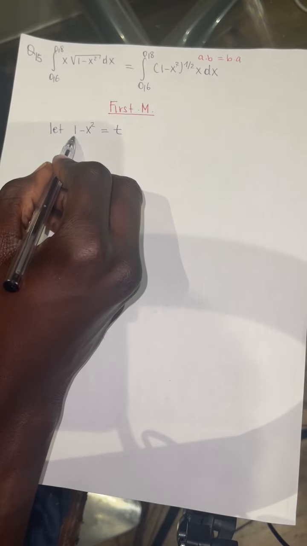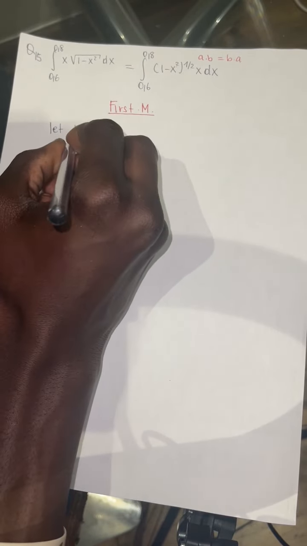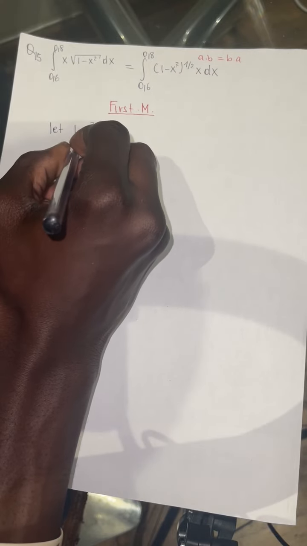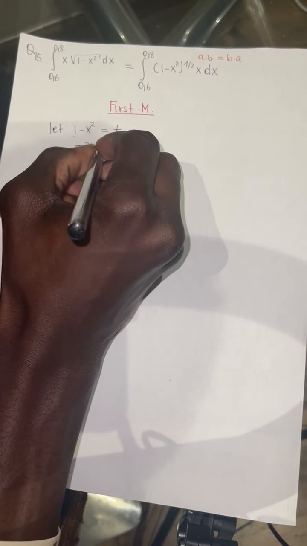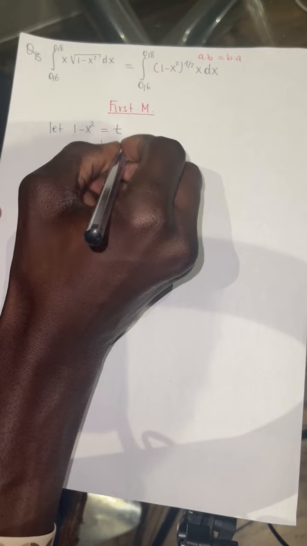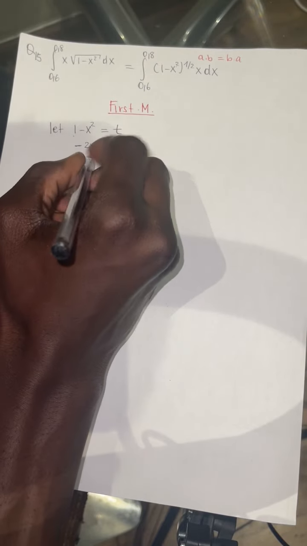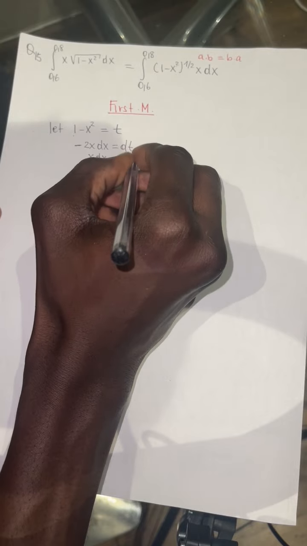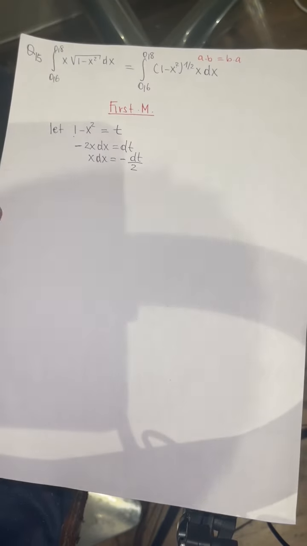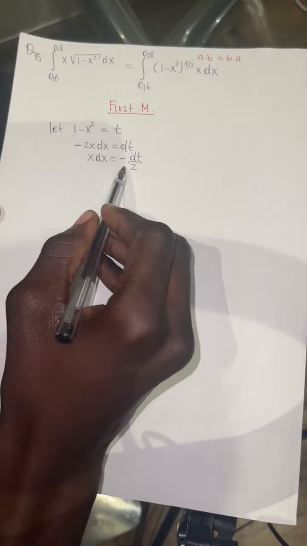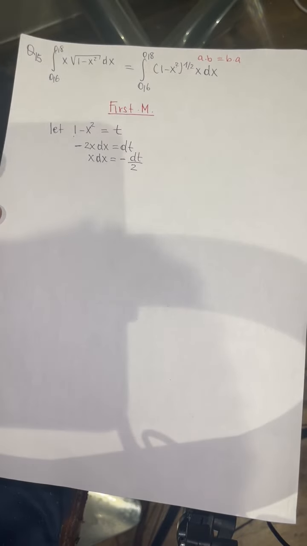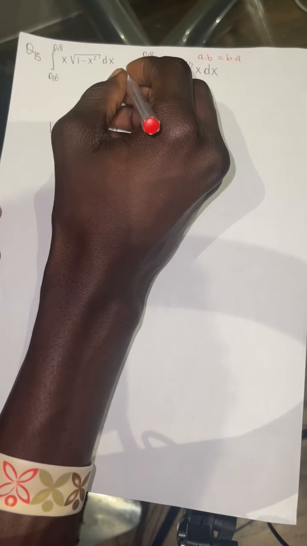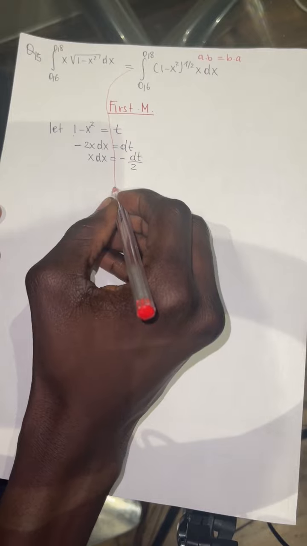The derivative of this is negative 2x dx equals dt. Now solving for x dx, it gives minus dt divided by 2. So now this integral, we can put it equal there.